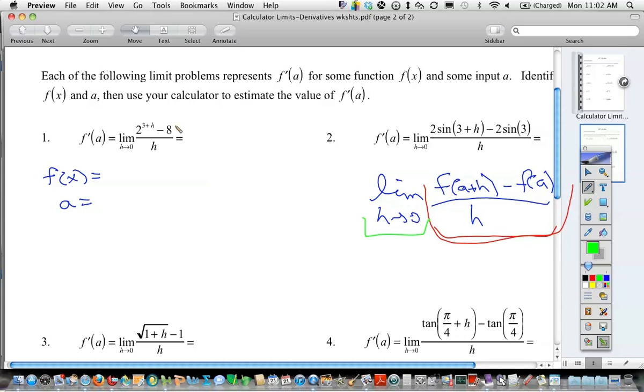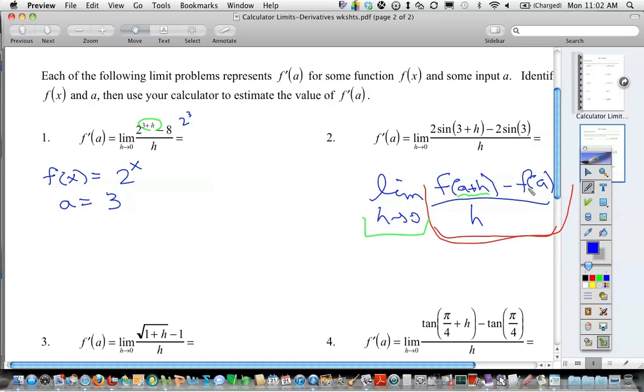Okay? But first, what function is this? Well, we said to look here at this a plus h part. Here's my a plus h right there. The a plus h goes in where the x was. So what must my function have been? My function must have been 2 to the x power. My a must be 3. And of course the 8, that makes sense because the 8 would be 2 to the 3rd power, right?